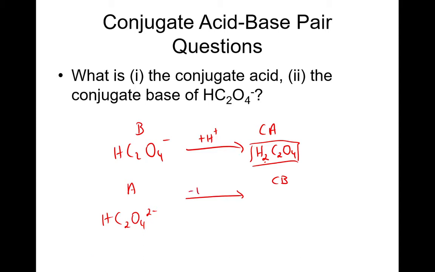They donate H pluses, meaning I've got to take a H plus away from this. So not only am I going to remove the H, leaving C2O4, I'm also removing another positive, which will bring me down to 2 minus. Okay, and that is the conjugate base of HC2O4 minus.